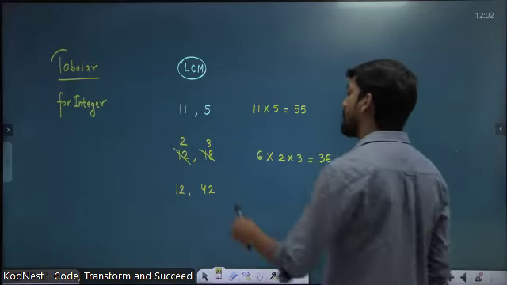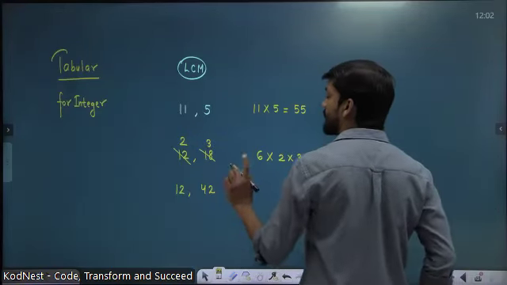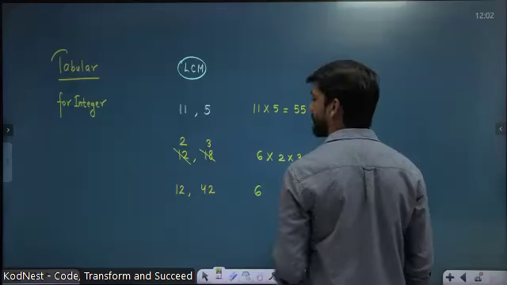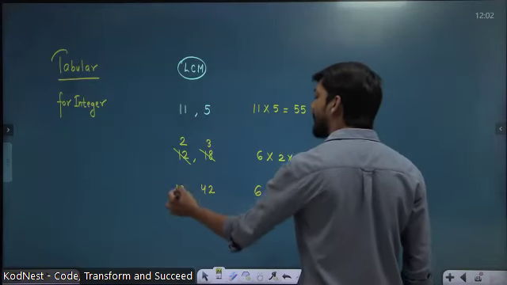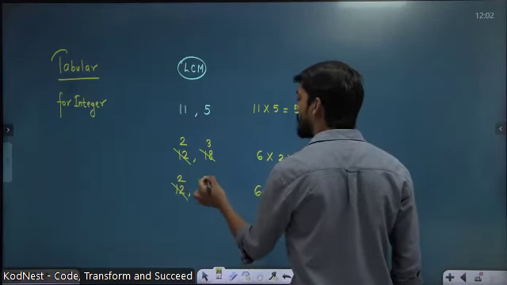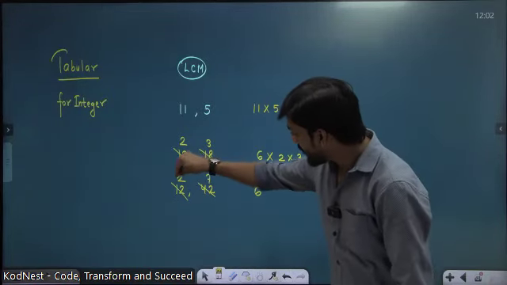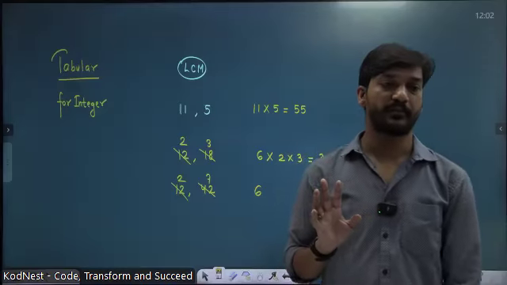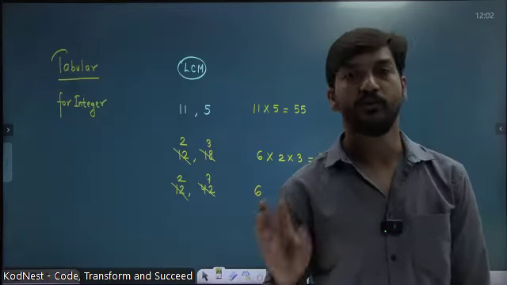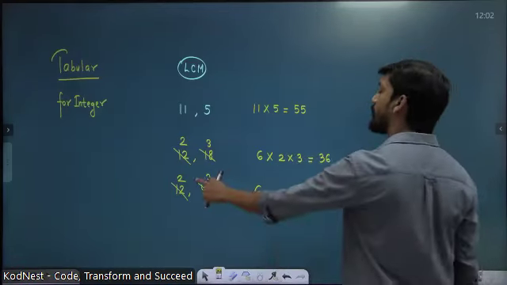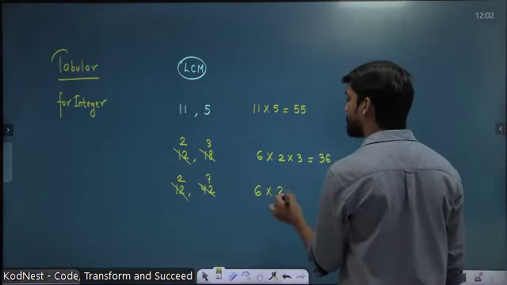Not 4, 4 is not a factor of this. So 6 you will say. Once I take 6 outside, 6 into 2, 6 into 7. Anything else which is common now? No. So nothing is common. Now multiply this, you will get your LCM.